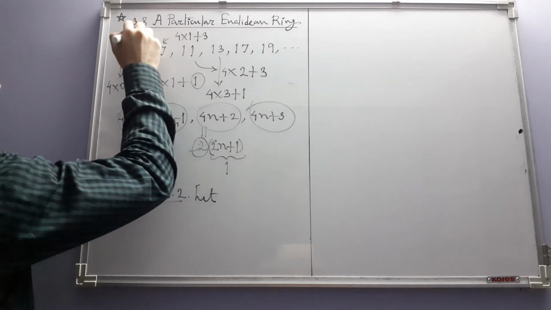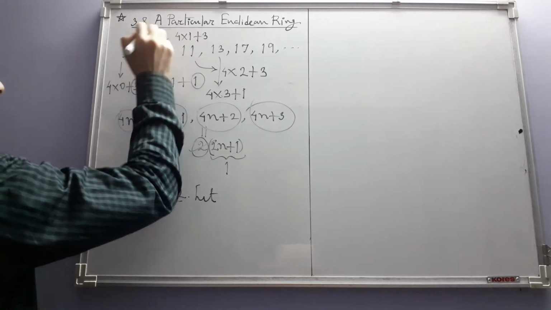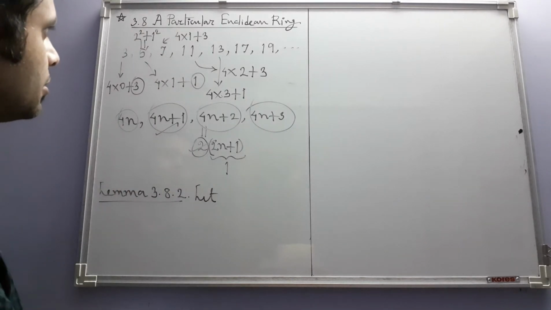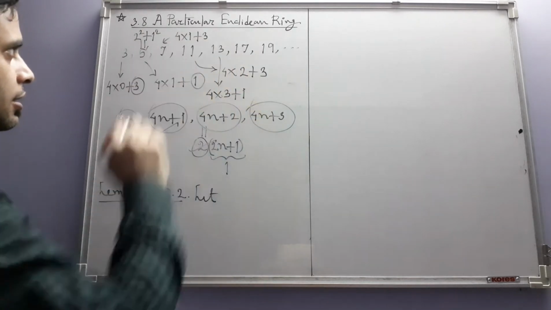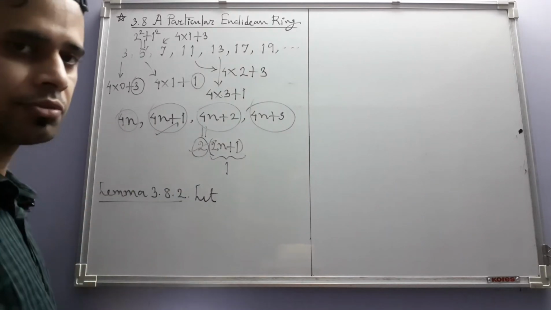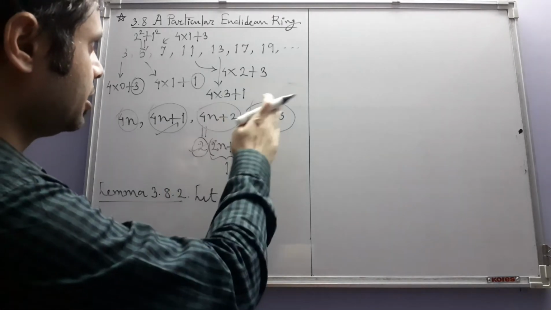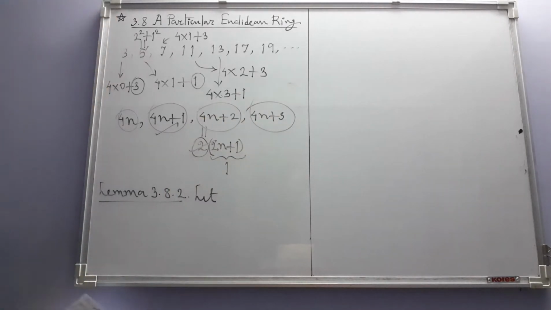It can be written as 2 square plus 1 square. Okay, then 13 is also a number of that form. For that also there will be an expression which will be a sum of two squares.